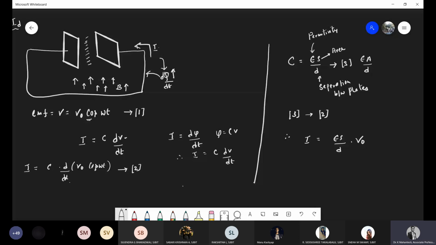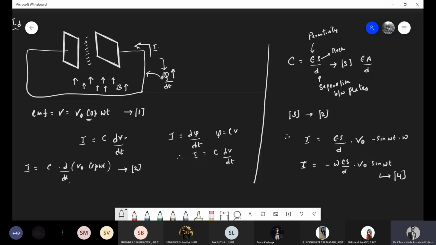Differentiating cos omega t with respect to t, I get minus sine omega t into omega. So finally I can write I is equal to minus omega epsilon S by D V naught sine omega t. Call this equation 4. I'm just trying to get the conduction current, so I can call this IC, or the total current here.